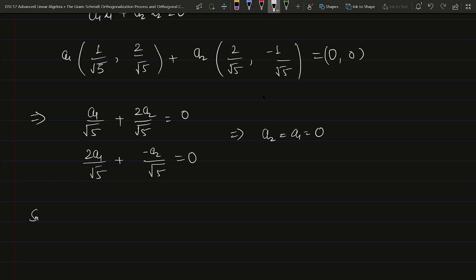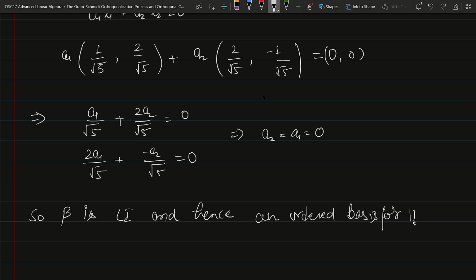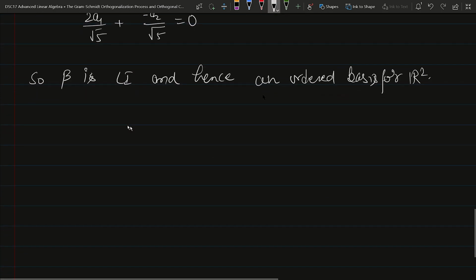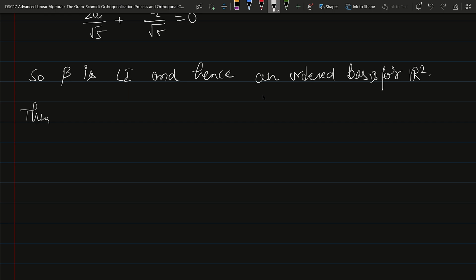And thus you can say beta is LI, and hence an ordered basis for R square. So thus beta is an orthonormal basis for R square.